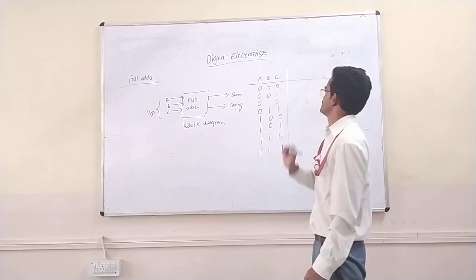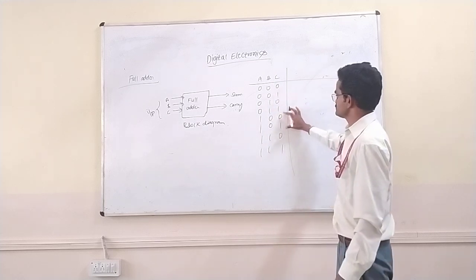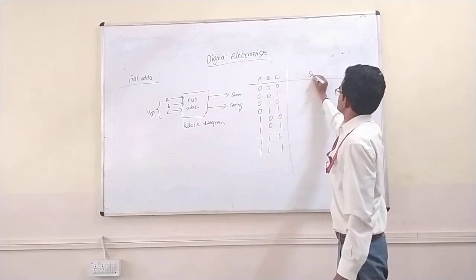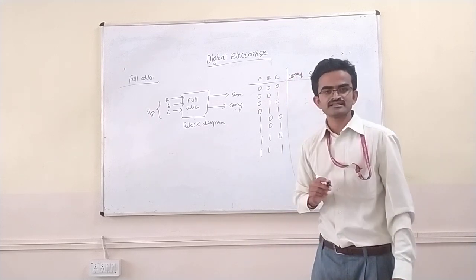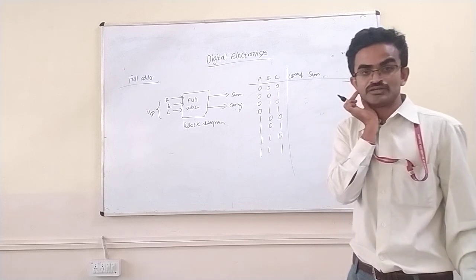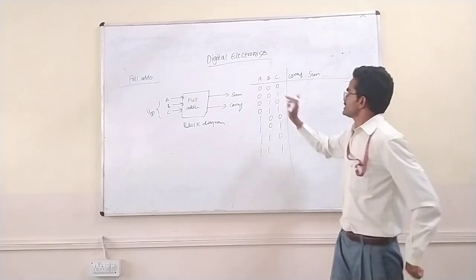These are all 8 possible combinations. Here I consider A, B, C as the 3 inputs, which adds these 3 values.